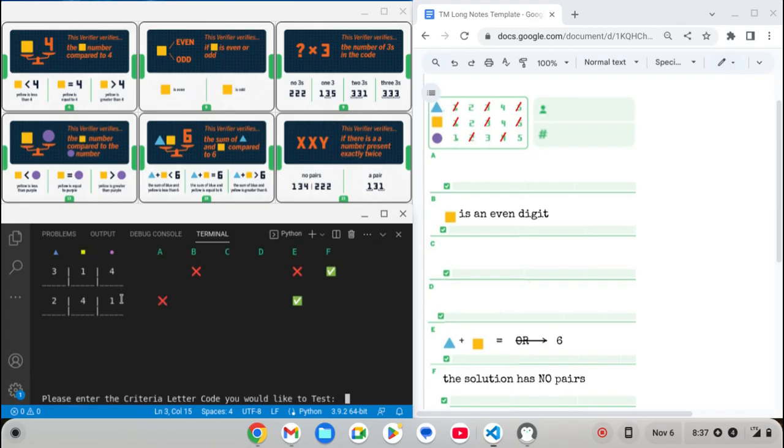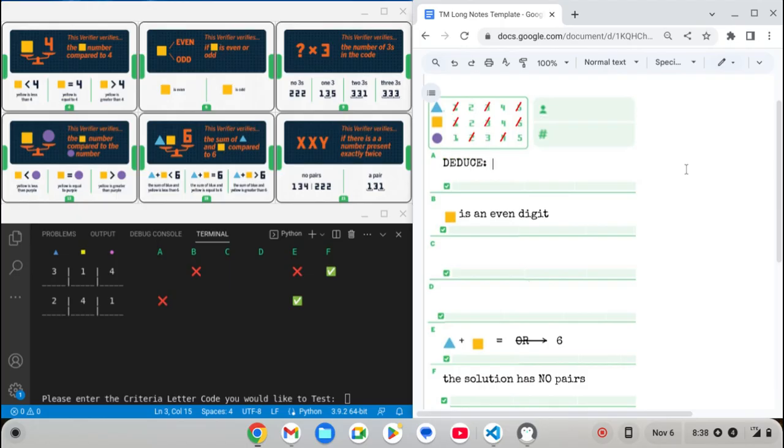Okay, so I did not get it correct. In A, for my square value, I chose 4. So it's not 4, and it's obviously not greater than 4. So for criteria card A, I'm going to deduce that it should be less than 4. So let me go type that up.